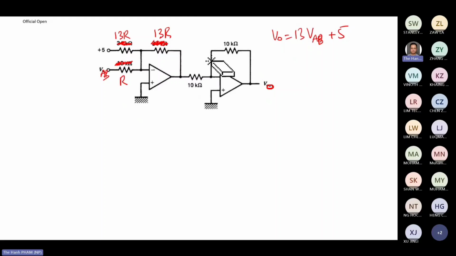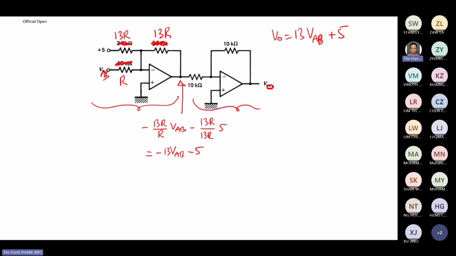And here, of course, this one is a summing amplifier, so we have the minus sum. So the V here is minus 13R over R of VAB minus 13R over 13R of 5. So this one is minus 13 VAB minus 5.